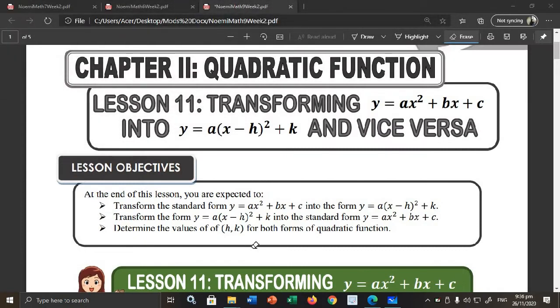For this video, we will talk about transforming y is equal to ax squared plus bx plus c, which is the standard form of quadratic function, into another form of quadratic function, which is y is equal to a times quantity x minus h squared plus k, and vice versa.